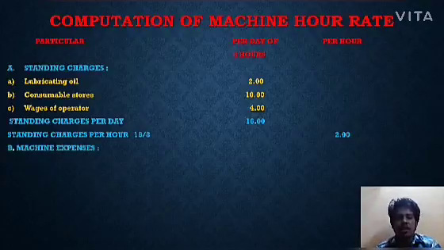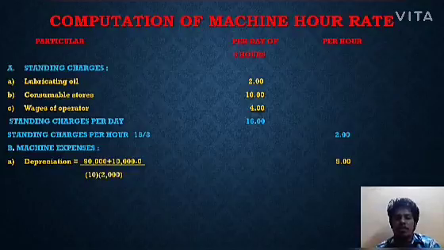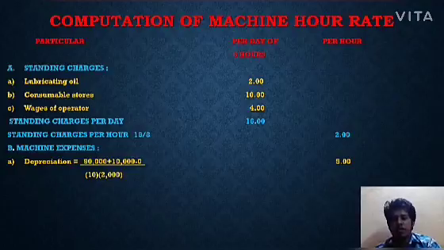And B is machine expenses. Under machine expenses, first we have depreciation. We can calculate depreciation as cost of machine plus fitting and installation minus scrap value, divided by working life. Under this formula, cost of machine is rupees 90,000 and fitting and installation is rupees 10,000.